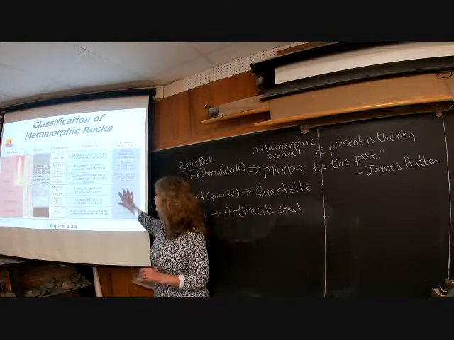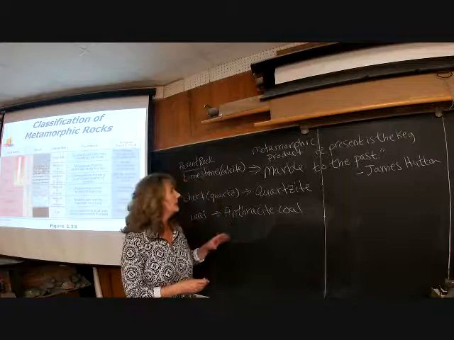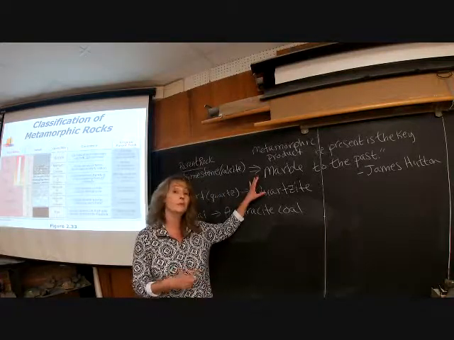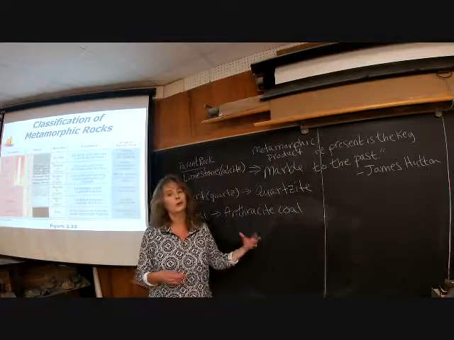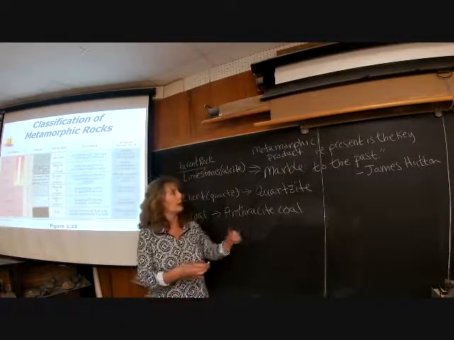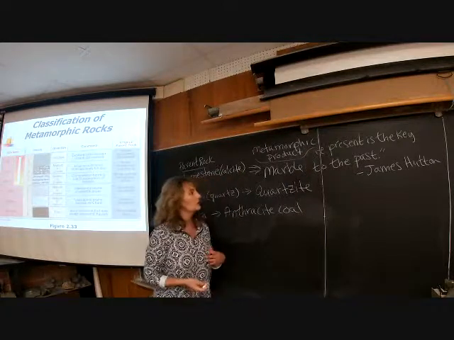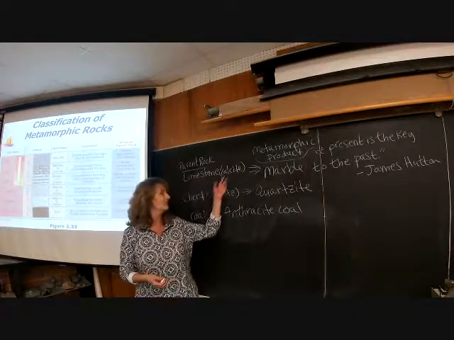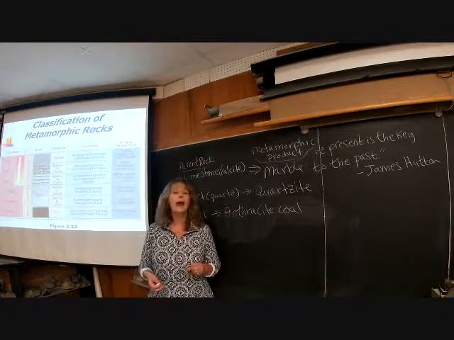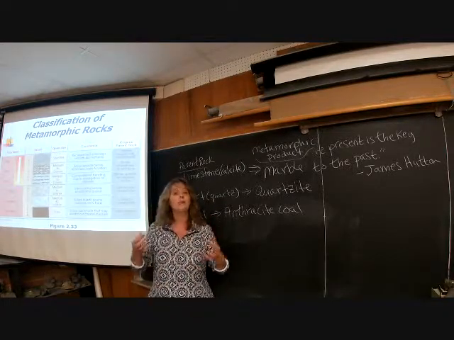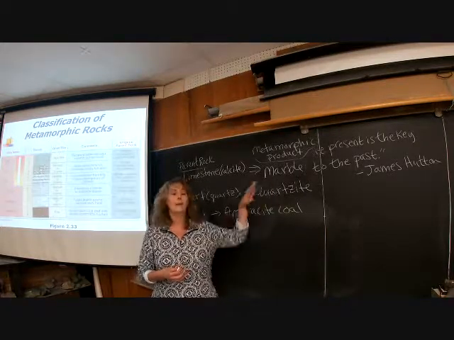So all of these, though, you're having a parent rock, and then it undergoes metamorphism, more heat, more pressure, and you get your offspring or your daughter product, kind of the metamorphic product. So these are all usually a single kind of mineralogy in them, and then it's just an equidimensional rearrangement or recrystallization of that mineral.